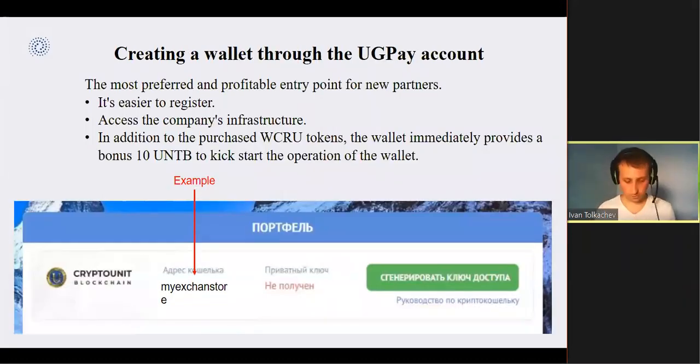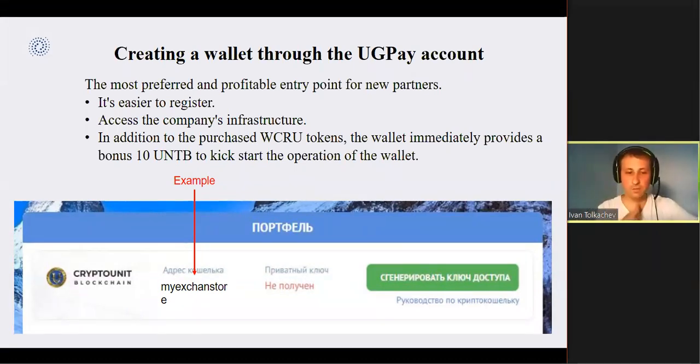The second way is to create a wallet, and it is more suitable for new users, and it is most preferred and beneficial. Why? Almost the way is the same, but you use the UGPay Group back office, and there you go to your portfolio.